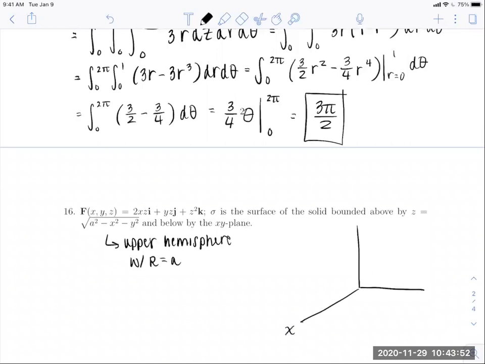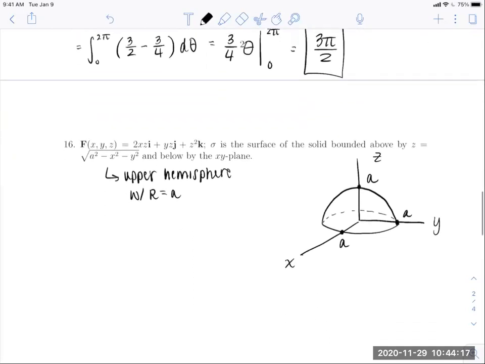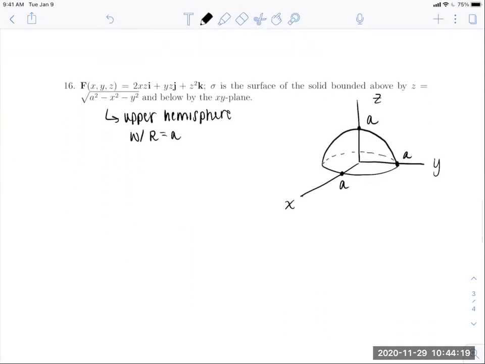So here's x, y, and z. So this is going out a on the y-axis, a on the x-axis, and a on the z-axis. Here, since we're working with a solid that's a sphere, it's pretty clear that we'll want to use spherical coordinates. So when we get to that point, we'll set that up.